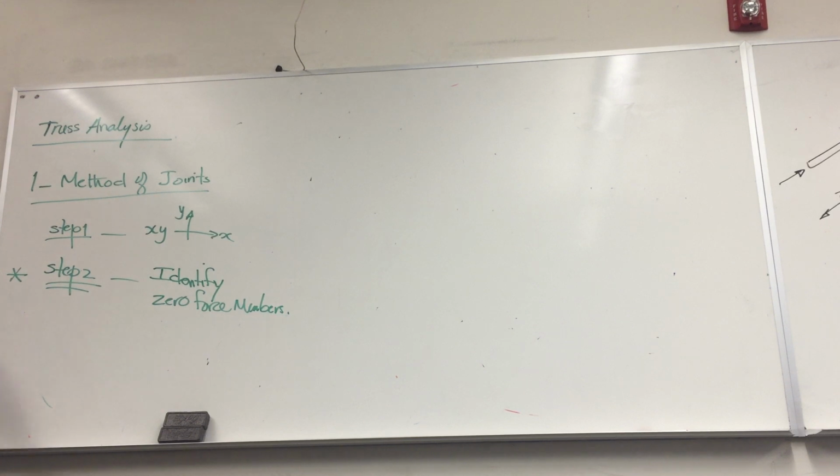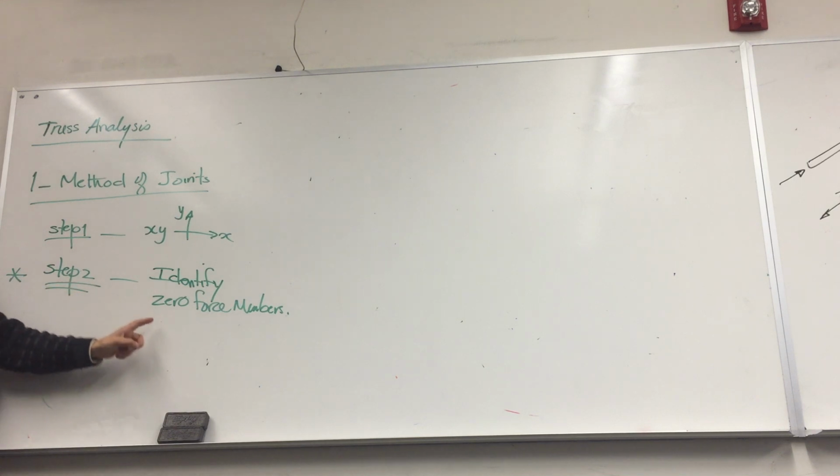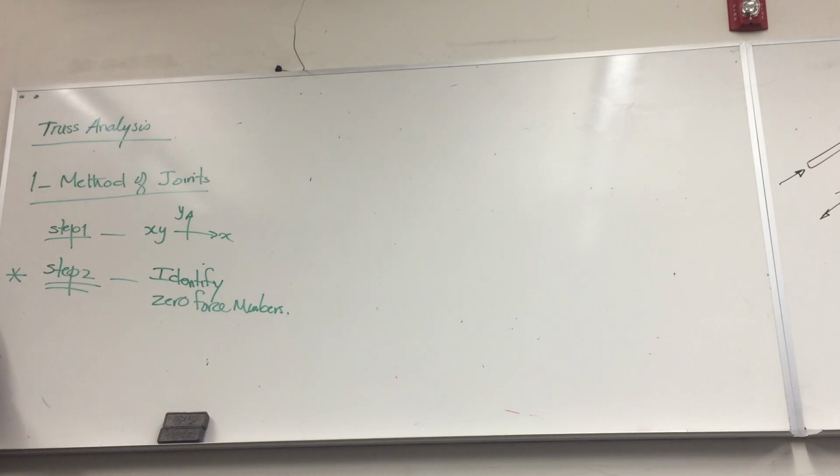Because you're asked, like that problem, to solve for all member forces. If you start jumping into drawing the free body diagram of each joint and finding all those member forces, it is a waste of time. But once you identify zero force members and remove them, the number of operations or solutions that you need to come up with can be reduced drastically.